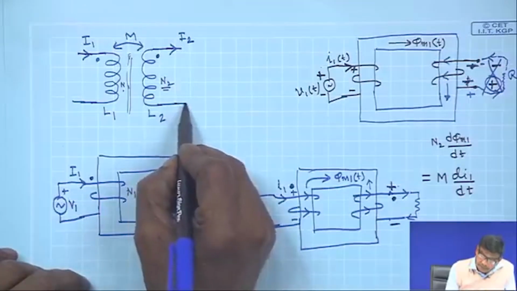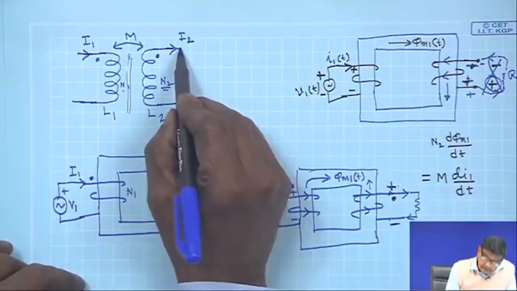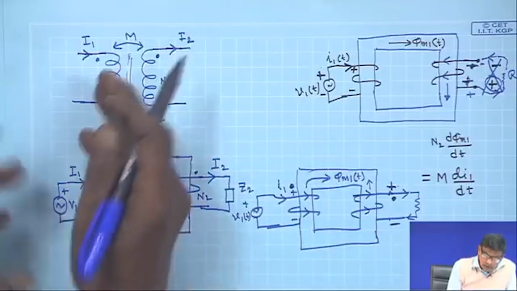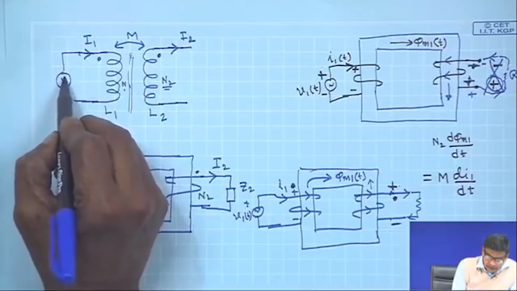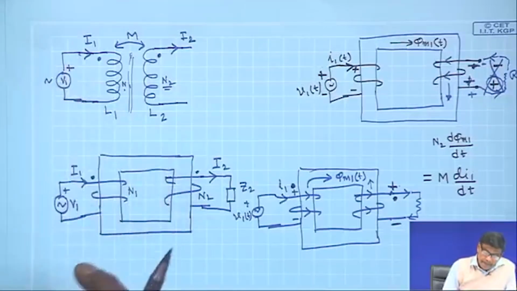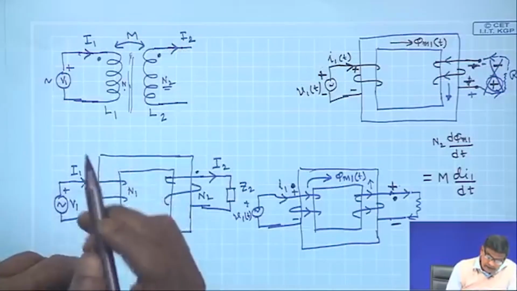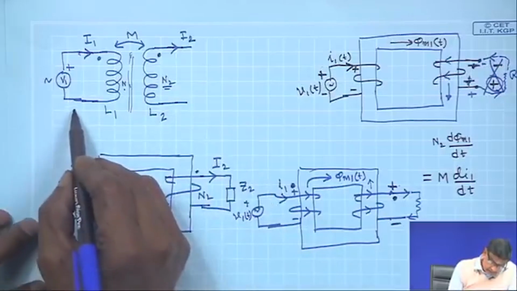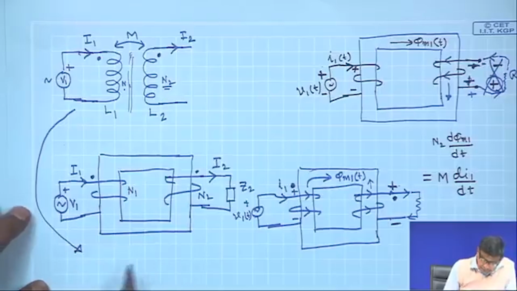And this is the source V 1, an AC source, mind you, plus. Now, across this coil, what are the things which are present? This is your supply voltage V 1, okay, fine.